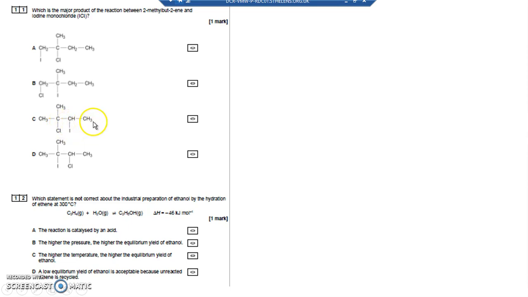So now, instead of HBr, you've got ICl. Which way round is the delta plus and delta minus on ICl? Well, Cl is more electronegative than I because it's a smaller atom and withdraws electrons closer into its nucleus more readily, so more strongly. So it will be delta plus on the I and delta minus on the Cl.